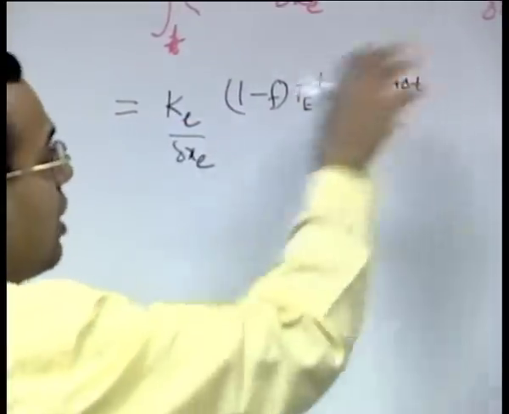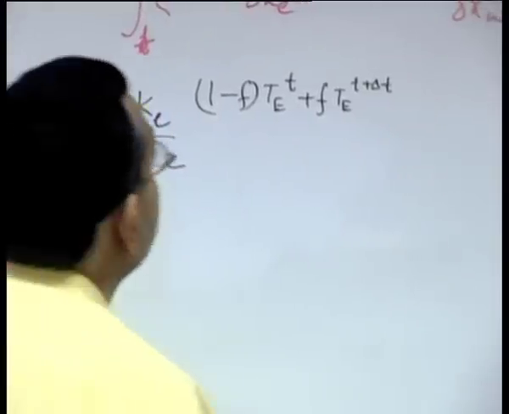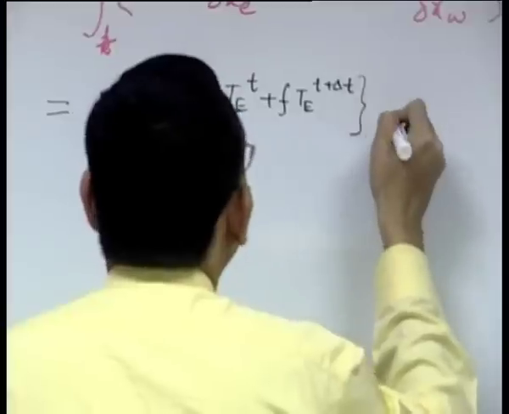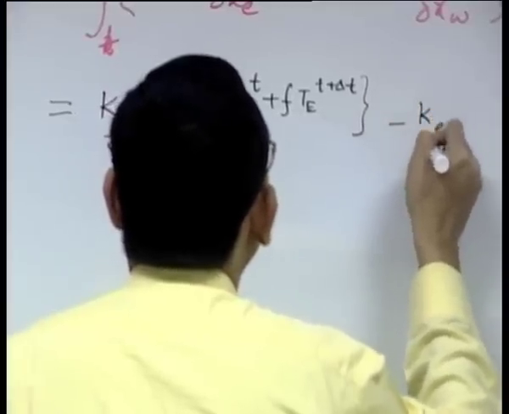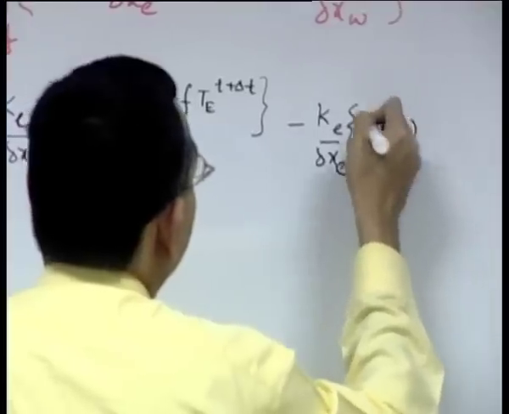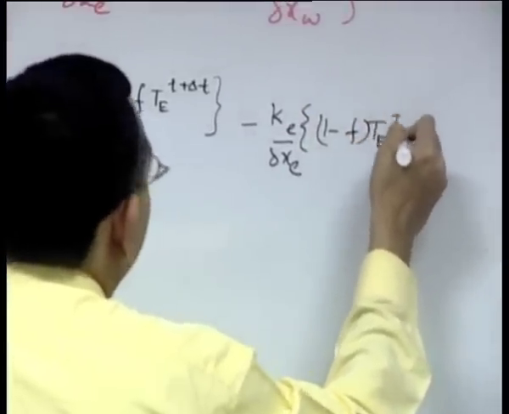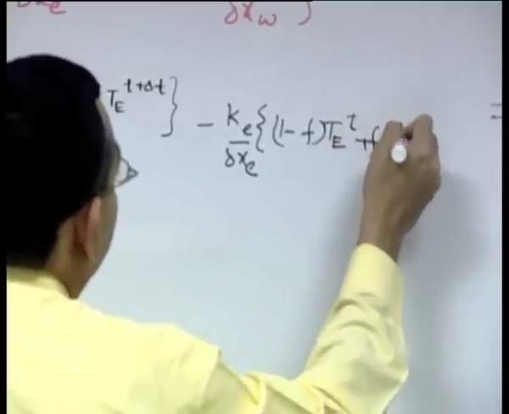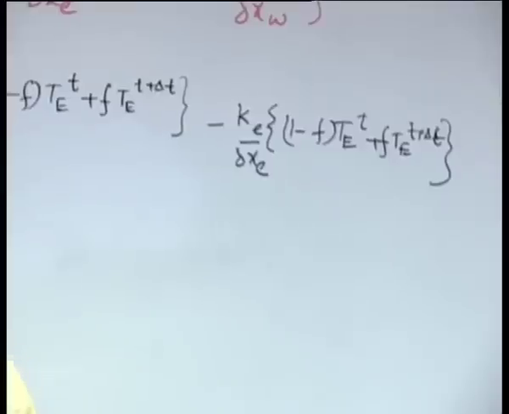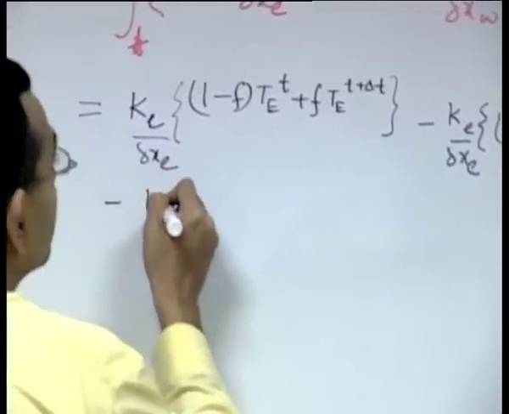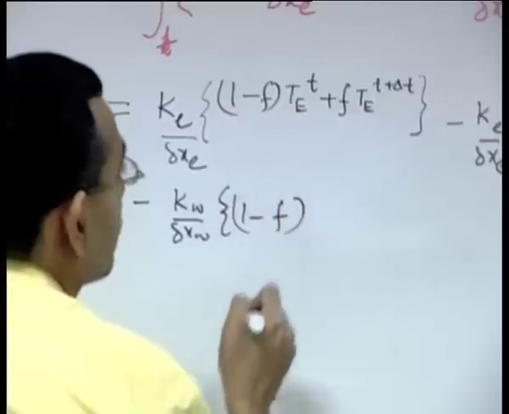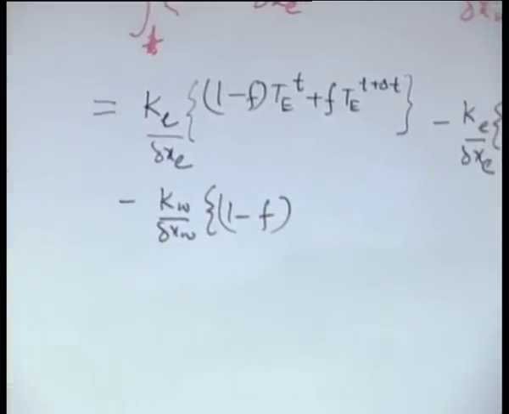We will multiply all the terms by delta t at the end. This is P, right?